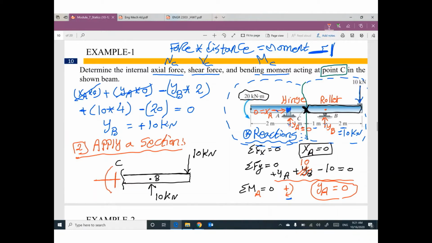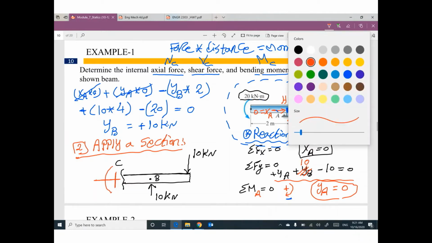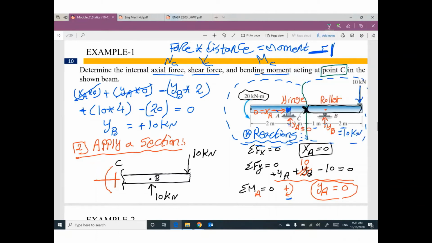The question is, why did you assume normal horizontal? Because your normal must be parallel to the member. That makes sense. The question is, am I going to assume it going to the right or to the left? What do you think?